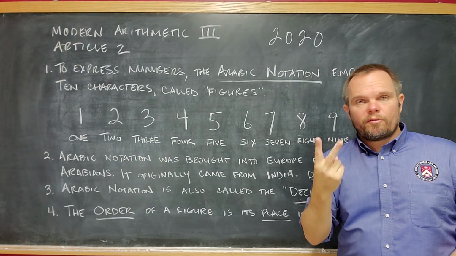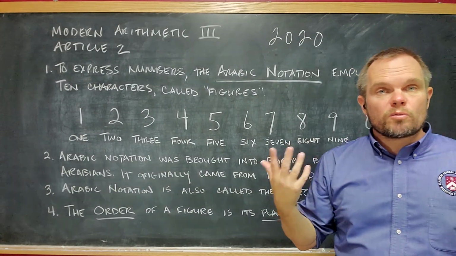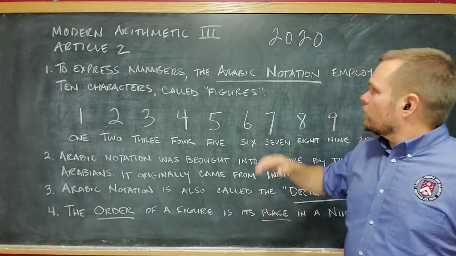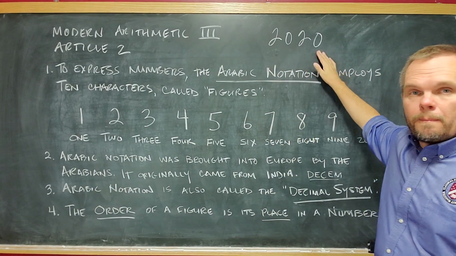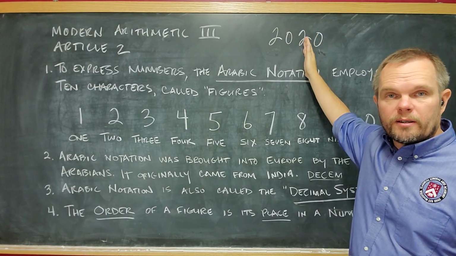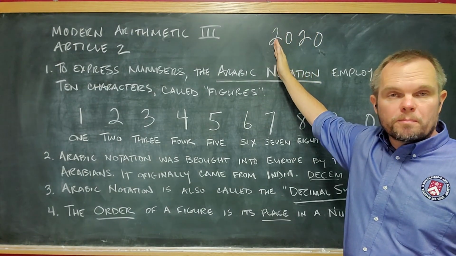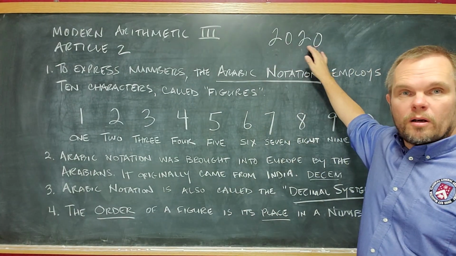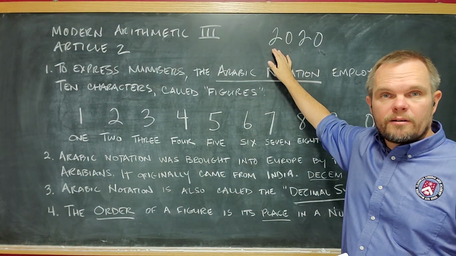Just 2 different figures allows us to write the number 2020. And the reason why we can do that is because these figures are put in different orders or places. In our next lesson, we're going to learn what these different places mean.